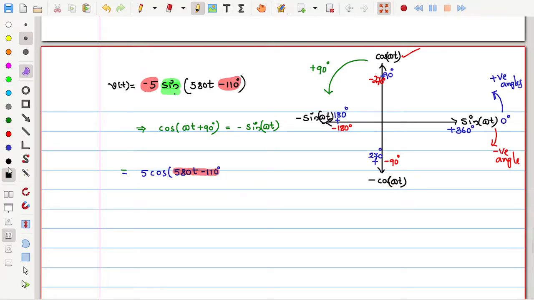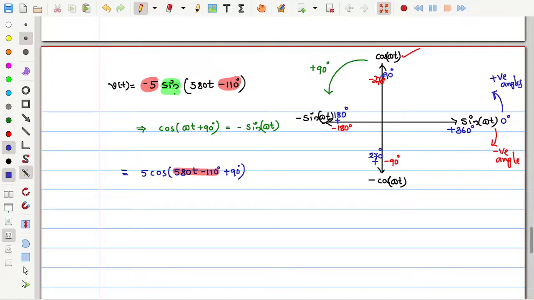Next, this plus 90 is the additional thing. So can I say this entire thing is equivalent to minus sine omega t? What does it mean? So it is equivalent to minus 5 sine of this entire value. So what I did is that I converted this sine and negative value into cos form. How? By adding 90 degrees to the cos. Cos omega t plus 90.